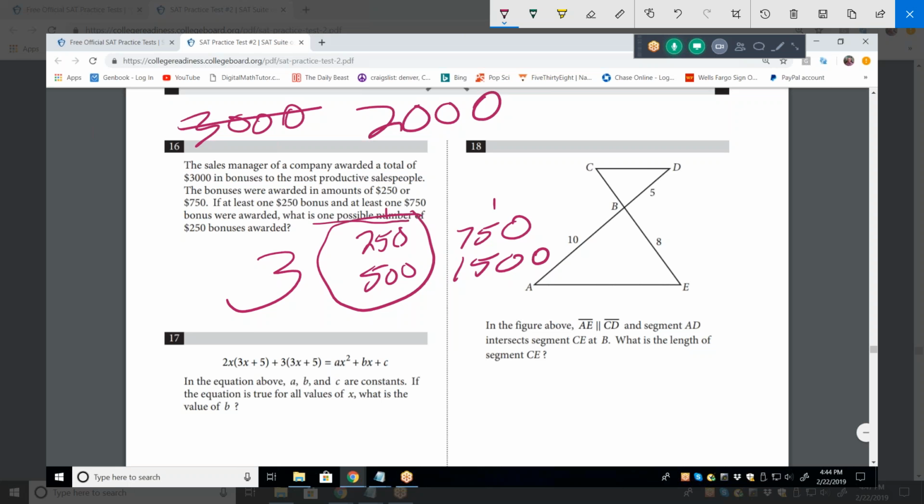Okay. You weren't wrong. In fact, yours might have been quicker than mine now that I think about it. The only problem with your way was it gave you a bigger number of $250 bonuses. It was 8 of them. In other words, now I had numbers like that, and I've got to figure out how many $250 bonuses I have there.